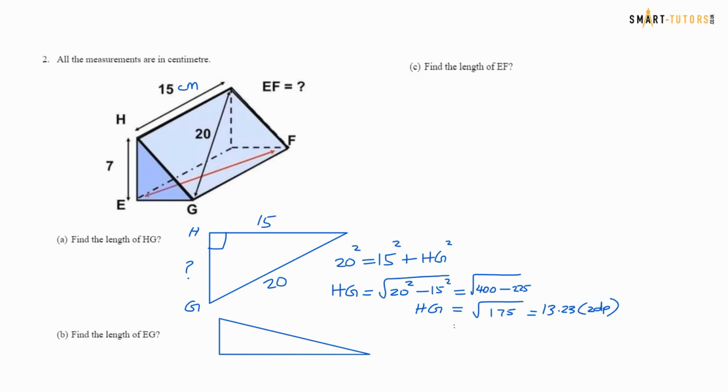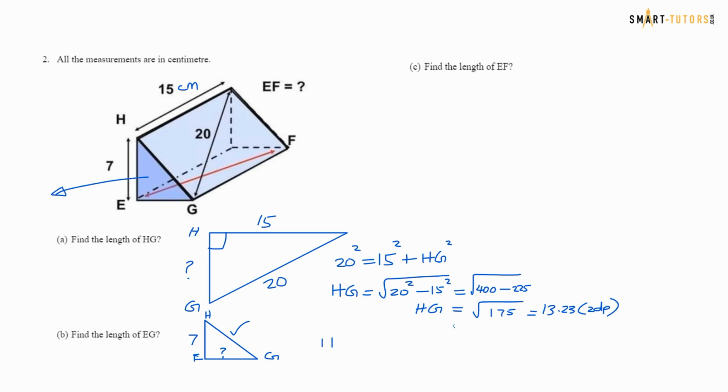So the triangle on the surface, this triangle, if you think, right? So if I draw that triangle like that, and this is 7, that is HEG. HG is known, EG is the question mark.